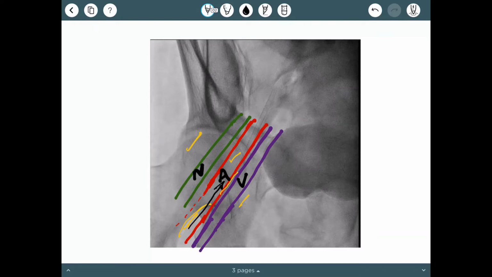So when you are having difficulty with the vein, what you can do is target the inner border of the head of the femur, and the vein lies along this. So if you target at this spot, you are most likely going to hit the vein.